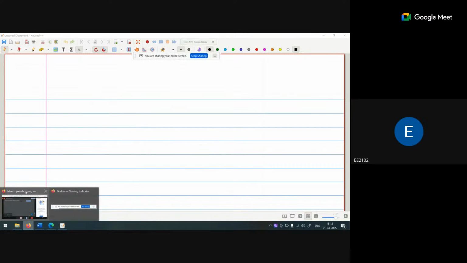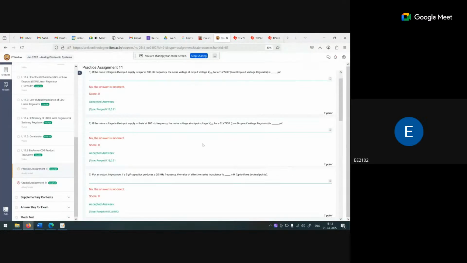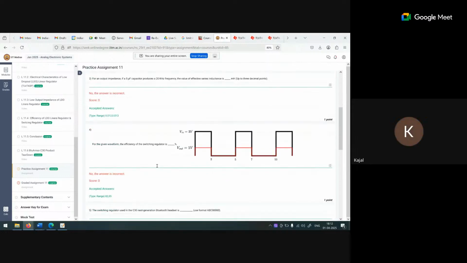Can you see my screen? Yes, sir. The question is about the efficiency of the switching regulator. So what is the formula for the efficiency of the switching regulator?